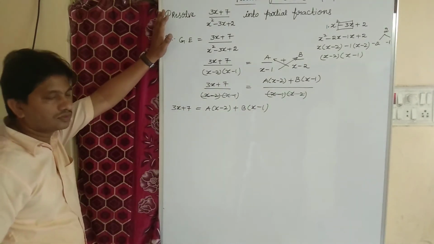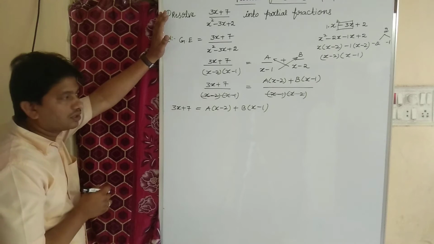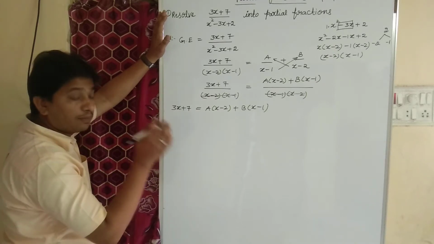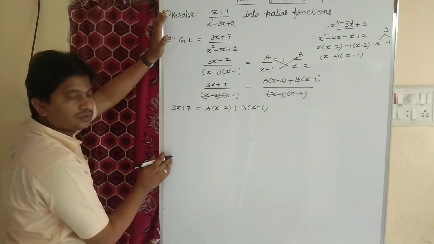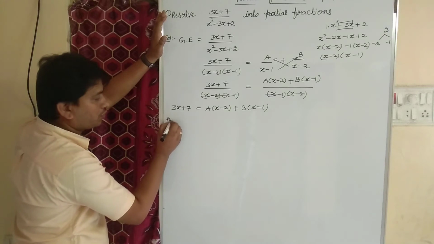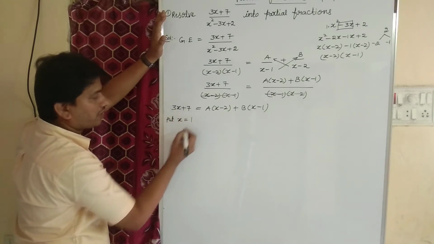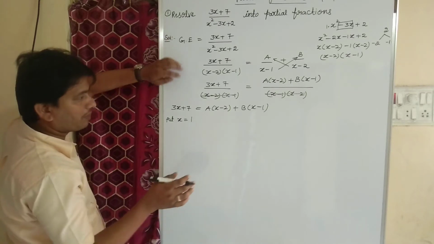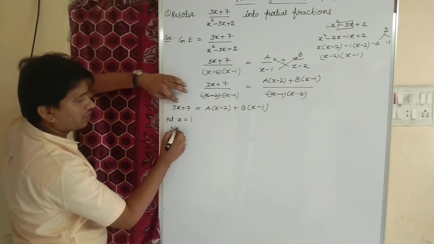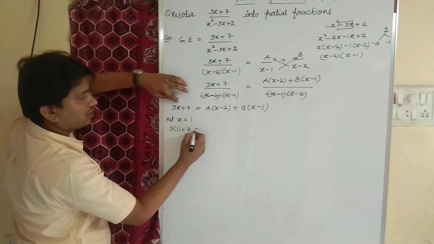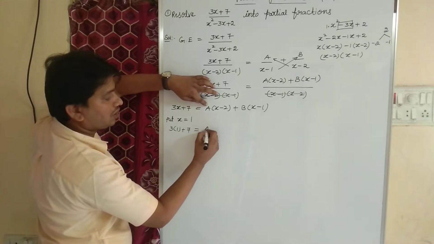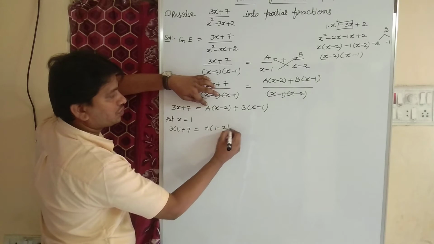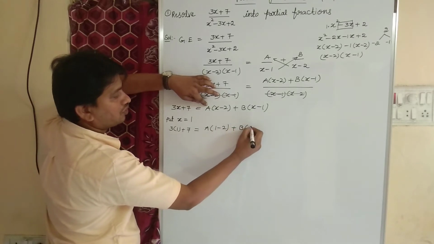Now what I want to do, I want to put 1 in the place of x, children. If I put 1 in the place of x, what will happen? Let us see. 3 into 1 plus 7 equal to a into 1 minus 2 plus b into 1 minus 1.